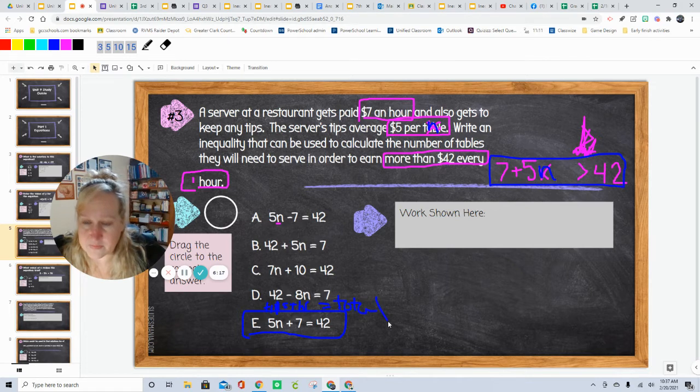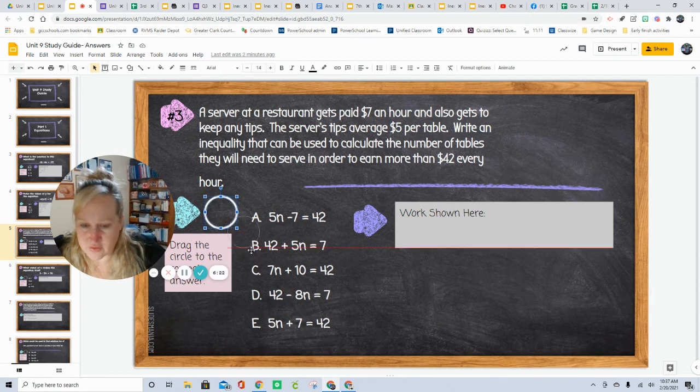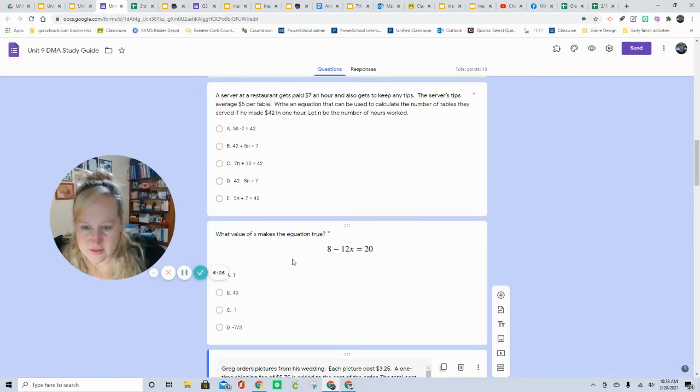So we got this one. Okay, so turn that off. You will drag your circle to down here. You will come over to this, and you will find this one right here as your answer. Okay, we should have one more problem.